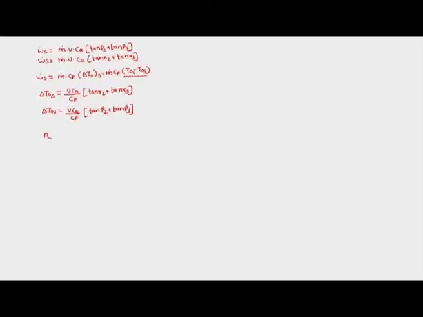Now we know stage efficiency, or isentropic efficiency of the turbine, can be written in terms of work, which is actual work divided by ideal work. So actual work is T1 minus T3 divided by T1 minus T3 dash.